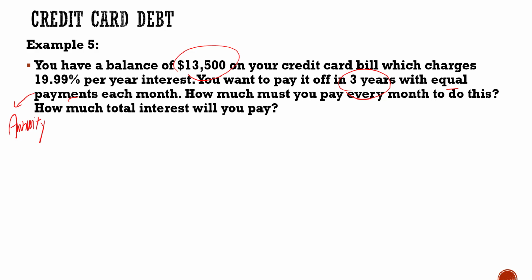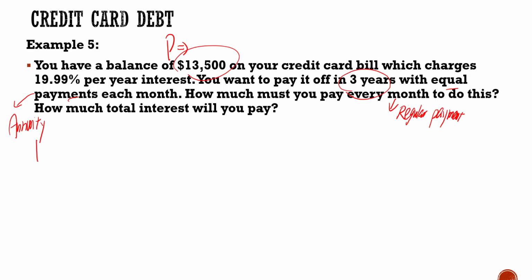So actually, this monthly payment is what we call the regular payment, right? So we're looking for the regular payment. Now this is present value. The $13,500 debt is at the present time, right? So we're using the present value of the annuity formula.